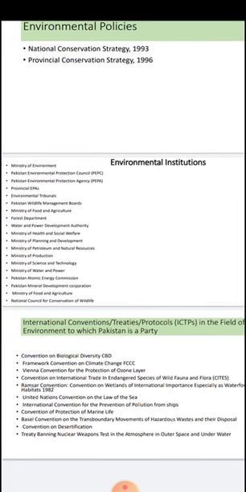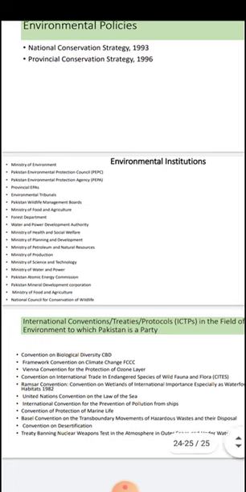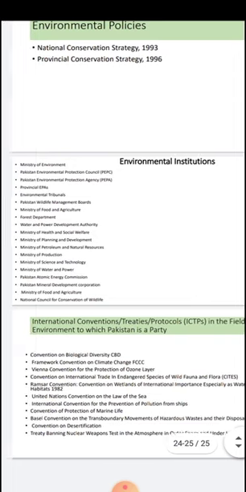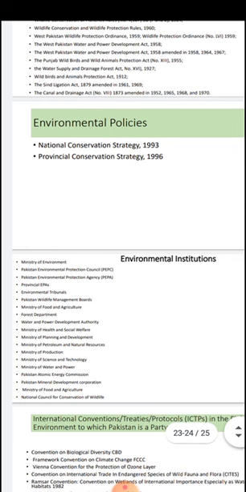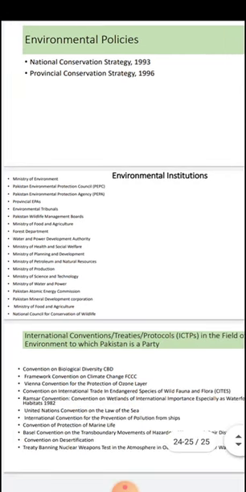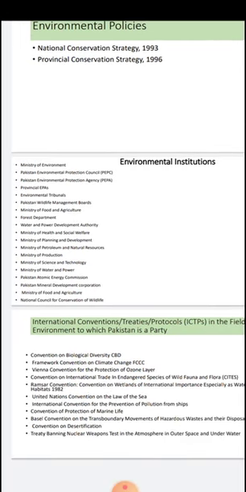We have some of the conventions, like some of the treaties and protocols which we are bound to follow. So these are the things which we must consider, and we have to make our environmental policies in view of following these conventions, treaties, and protocols.